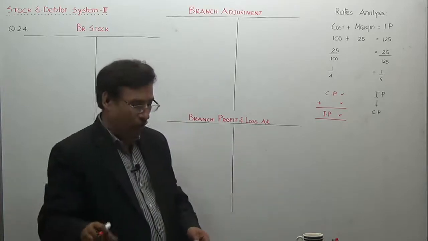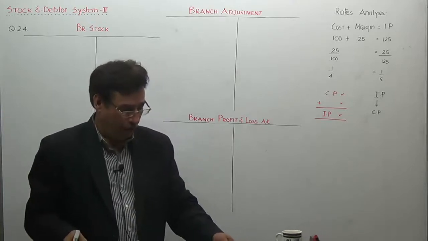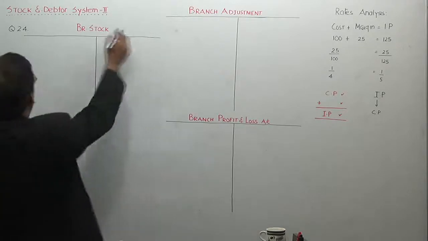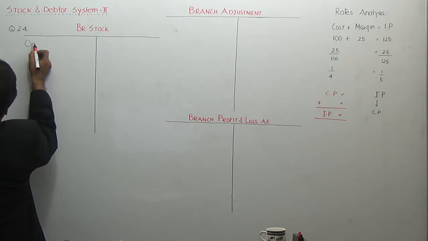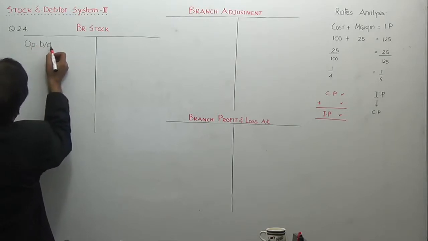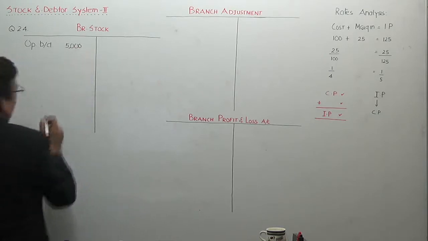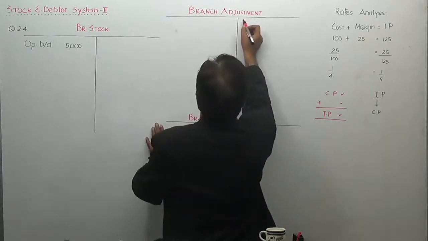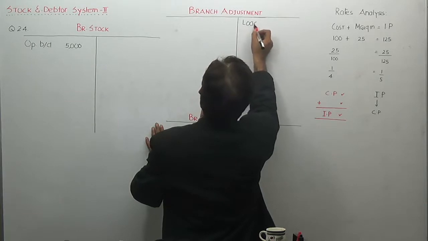So now we are going to take the first item, which happens to be opening stock, at 5,000. In the branch stock account, I am going to write opening balance. Opening balance of stock given to us is 5,000. This is at invoice price. Under this system, we write the loading on the opposite side, in the branch adjustment account.